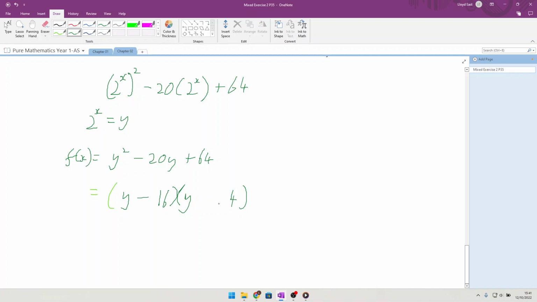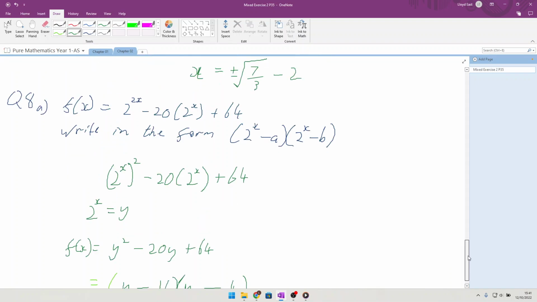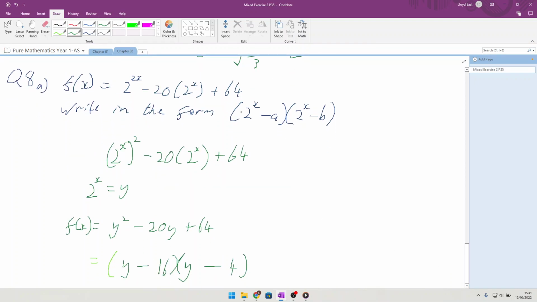And if we have them as both negative, it will give us plus 64, 4 times 16, and it will add up to give us the 20y, which means that we can now rewrite it back with the 2 to the power x instead of y, and we've got a at 16 and b at 4.